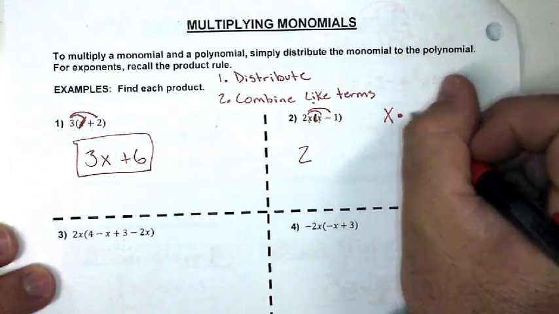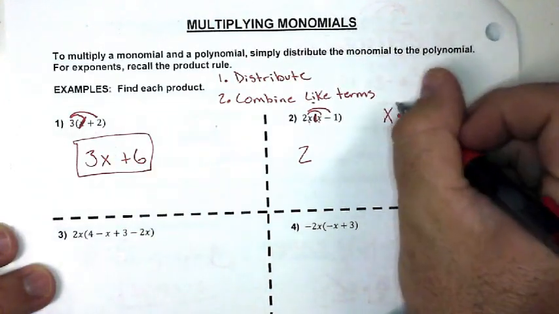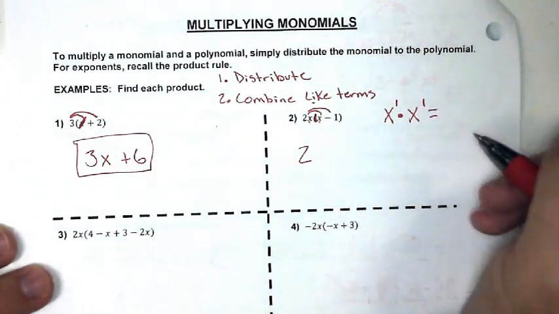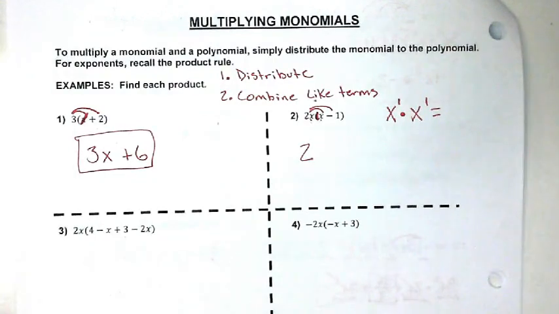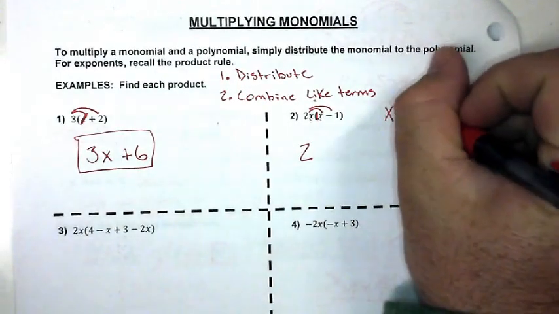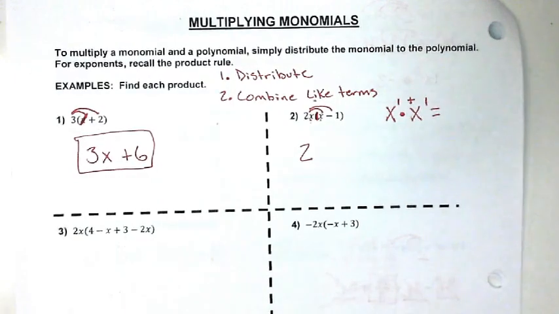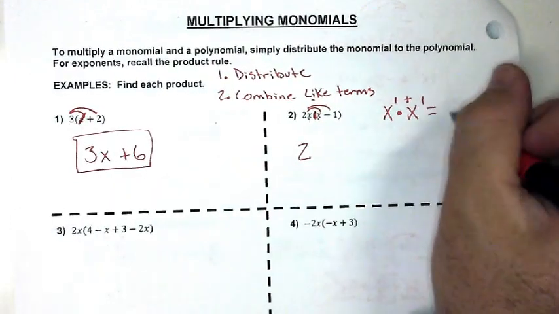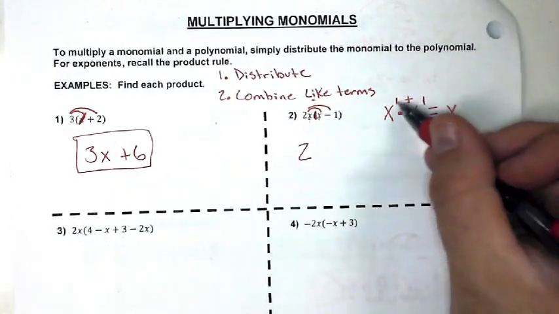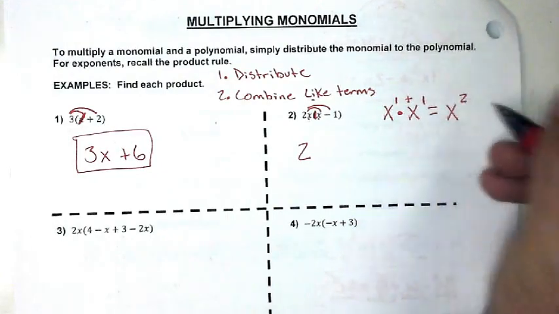So x times x. Remember when we talked about our exponent property rules, when you multiply 2 variables of the same letter, what do you do to the exponents? Add them. You add the exponents together. So the base stays the same. X, what's 1 plus 1? 2.